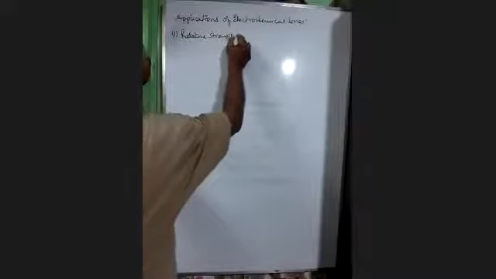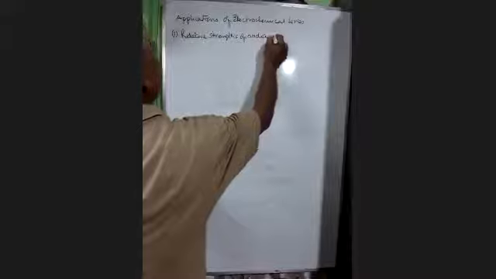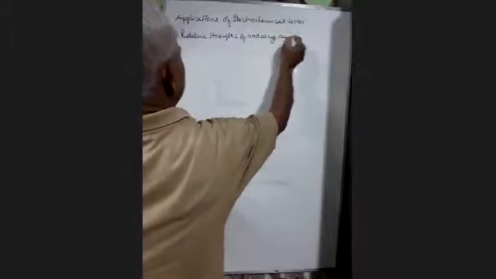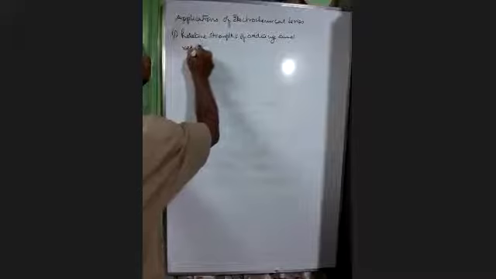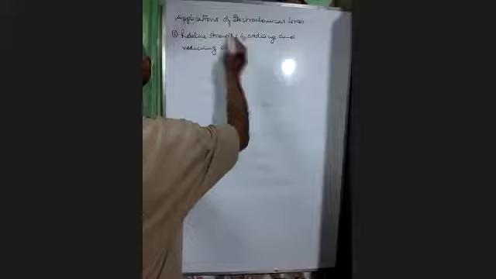One: relative strengths of oxidizing and reducing agents. See, there are so many elements or their ions. They carry out either oxidation or reduction.